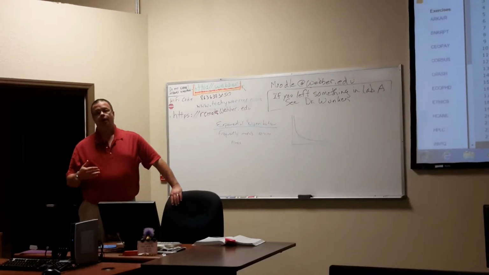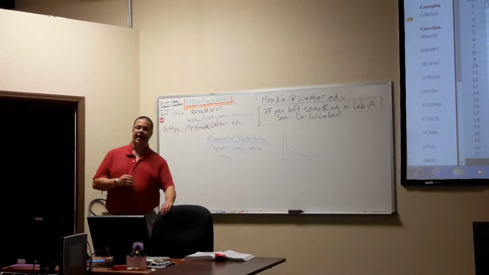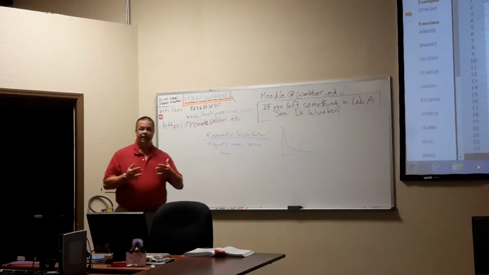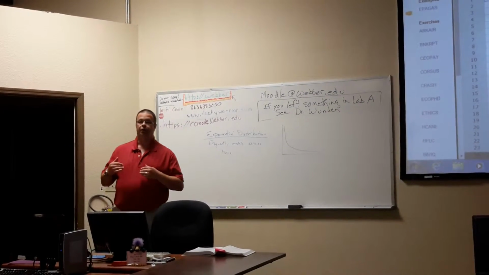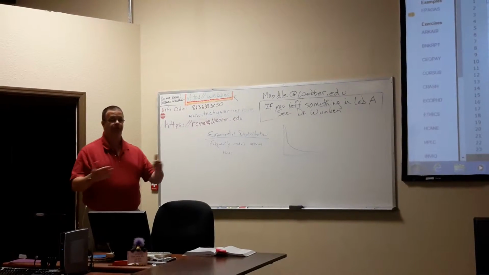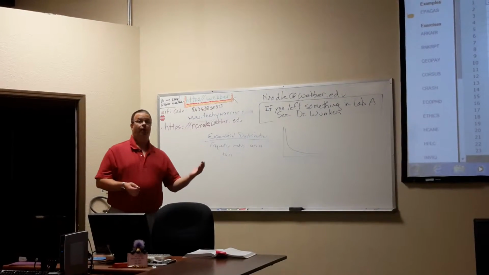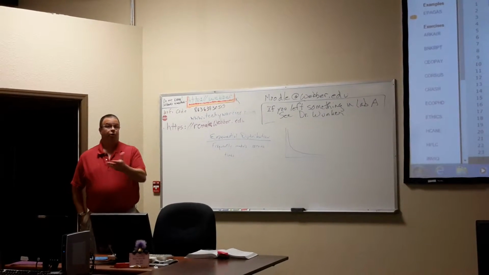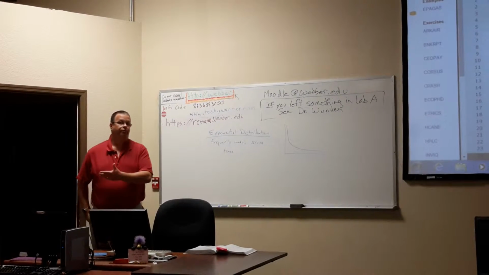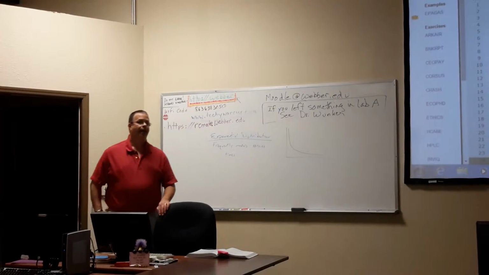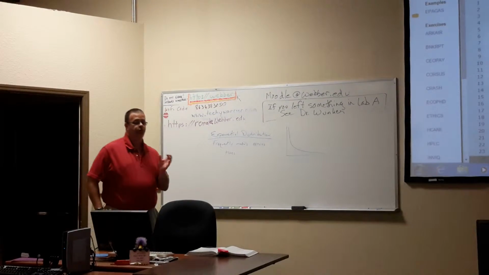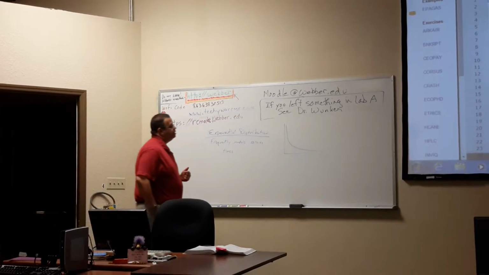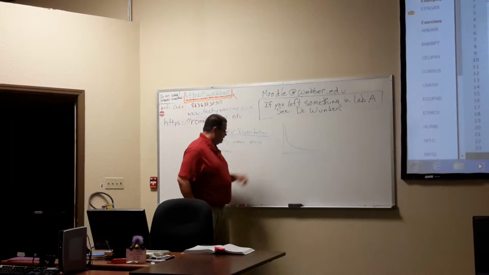Whether we're talking about customers in a drive-through lane at a fast food restaurant, or customers inside a bank dealing with tellers, or customers at a retail establishment going to different checkout lines, airline travelers going through the security checkpoint. All of those are situations where we have customers that are being served, and they almost always follow an exponential distribution.